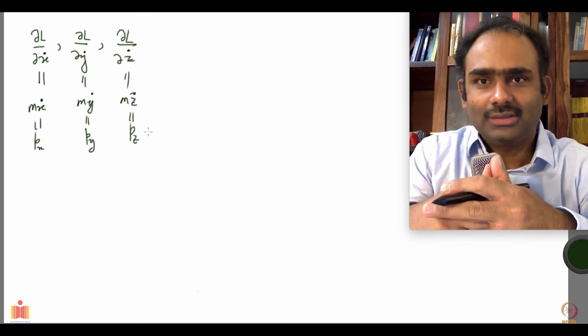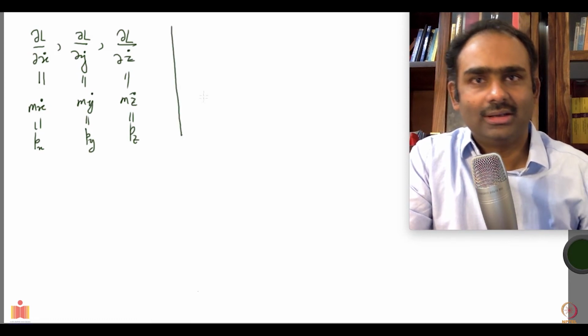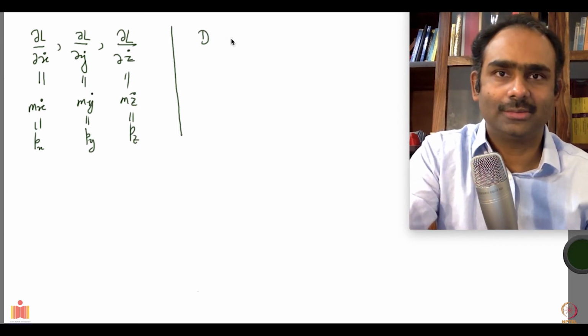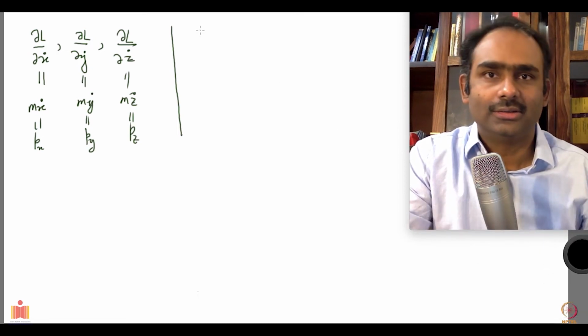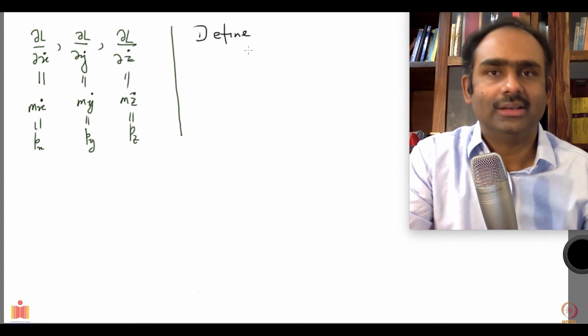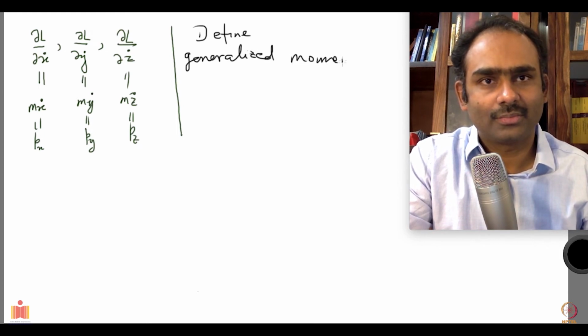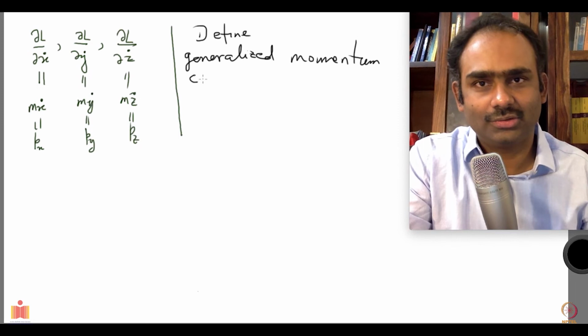Okay, so this leads us to define a new quantity, what we call generalized momenta. So I define generalized momentum, also called canonical momentum or conjugate momentum.